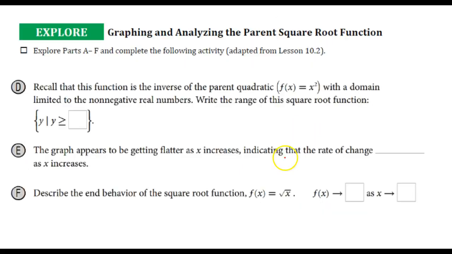Alright, continuing on. It says, recall that this function is the inverse of the parent function f of x equals x to the second power, with the domain limited to non-negative real numbers. So that means positive numbers only.